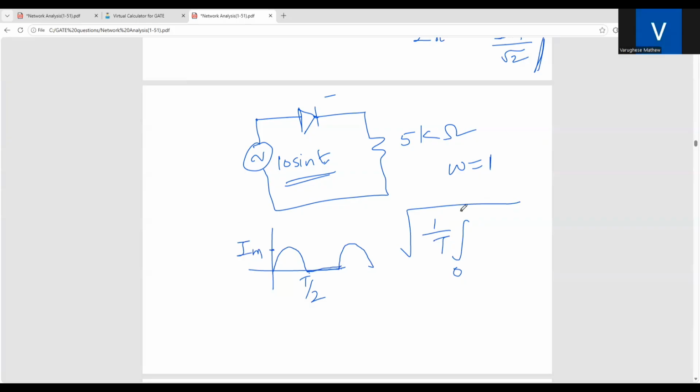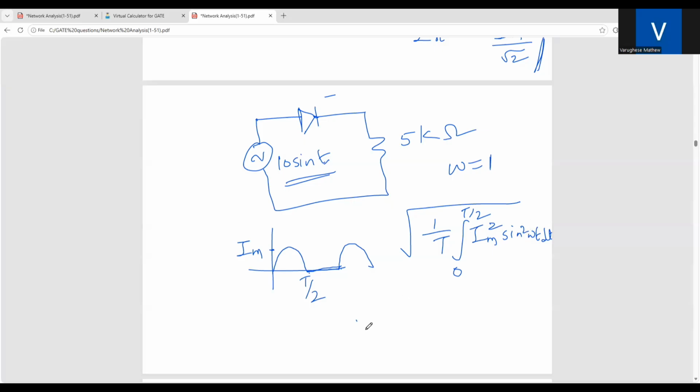So I put it as the integral 0 to T by 2 Im squared sine squared omega t dt. Now you know that when previously you did that integration, we saw that you get a cos 2 omega t term. If I integrate cos 2 omega t, I'll get sine 2 omega t. And I put the value of sine 2 omega t, T by 2, I'll get 0. 0 I put, I'll get 0. So I'll take only the term with 1.